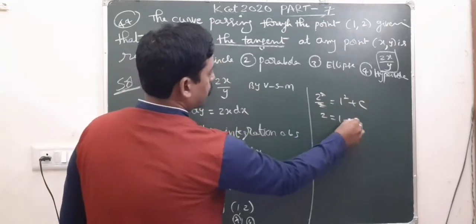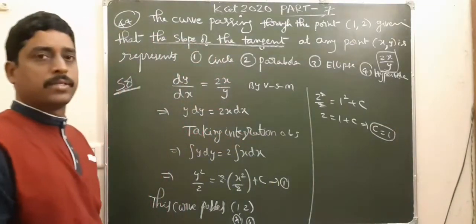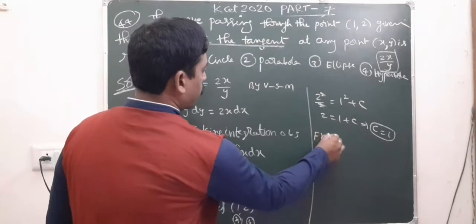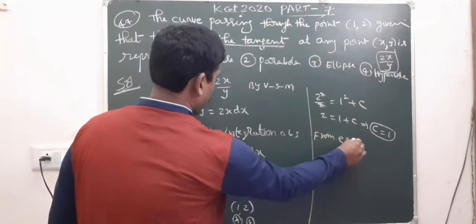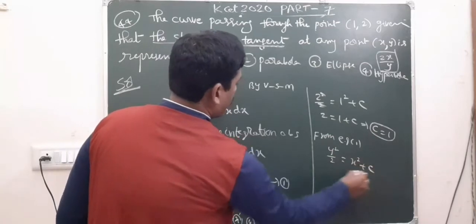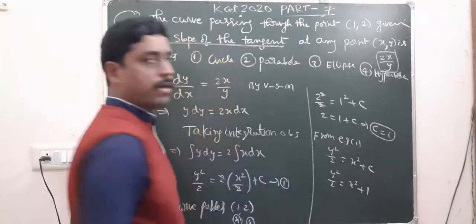So 2 is equal to 1 plus c, therefore c is equal to 1. So c is equal to 1, substitute in equation 1. Therefore from equation 1, y square by 2 is equal to x square plus c, y square by 2 is equal to x square plus 1.